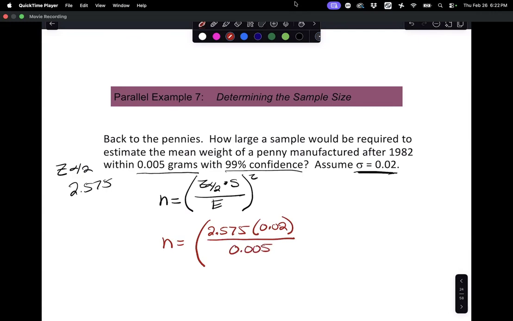That is our margin of error right here. That's what that within means. And square the whole thing. If you are careful, you can do the whole thing in your calculator at once. If you're careful.